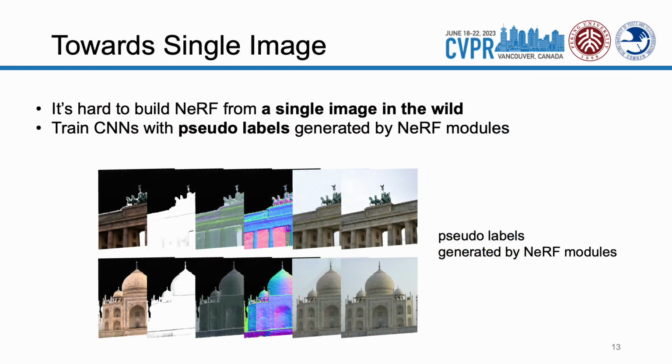So far, the NeRF module can model outdoor scenes with intrinsic components, recover the intrinsics, and re-render the scenes. But it is really hard to acquire a NeRF from a single image in the wild. To accomplish single image inference, we turn to CNN, which can take the highly accurate pseudo-labels of intrinsics, generated by our NeRF modules, as objectives during the training stage.